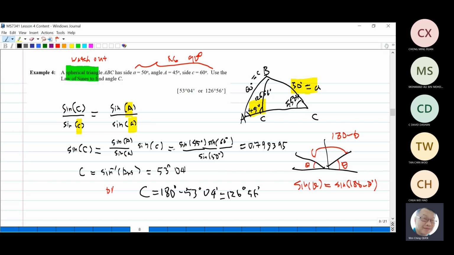So we have talked about the sine rule for the spherical triangle. The next one is the cosine rule.